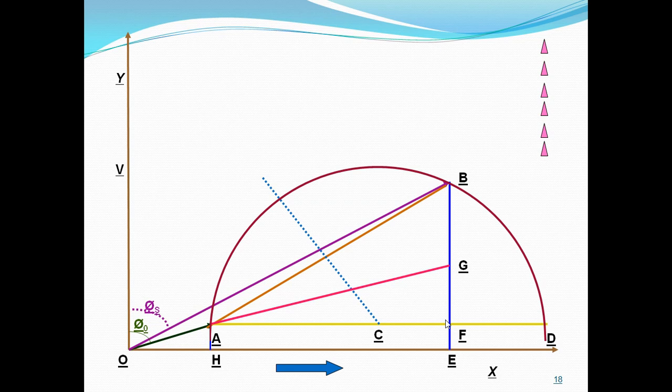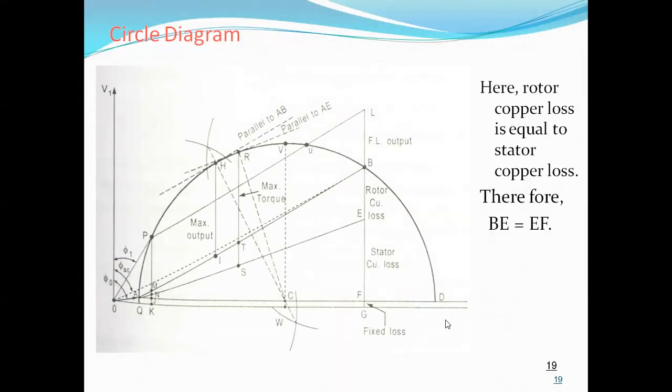So this is the first problem. Sometimes you will get some difficulty when you are drawing the circle diagram, but when we do two or three problems, all your doubts will be clarified. So you will get it like this.